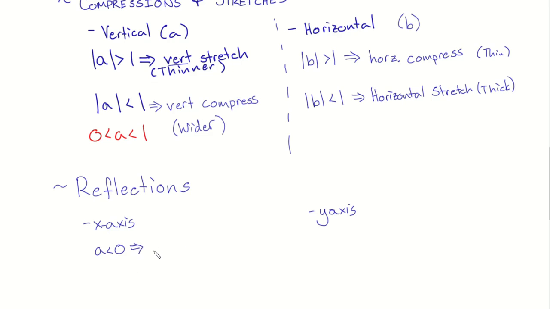Reflect where? Reflect over x-axis. Okay, that one is really easy to see, especially with pretty much any of the graphs that we deal with. If A is less than 0, reflect over the x-axis, but we still worry about the stretch and compress.